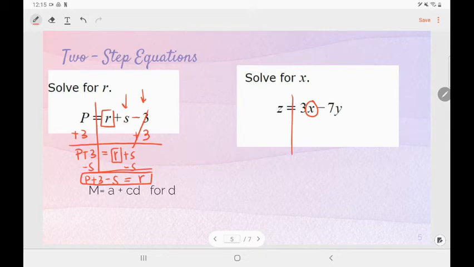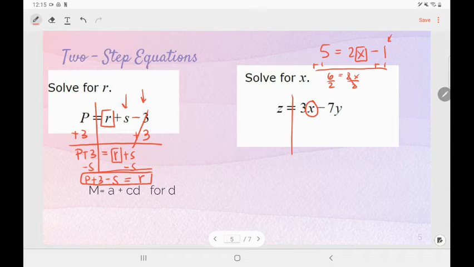Think about if you had the equation 5 equals 2x minus 1. If I were to be solving for x, remember that I would want to get rid of what's being added or subtracted first, and I would add 1 to give me 6 equals 2x, and then I would divide by 2 to get rid of the 2. I'm going to be working a very similar process on this example, even though there's multiple variables.